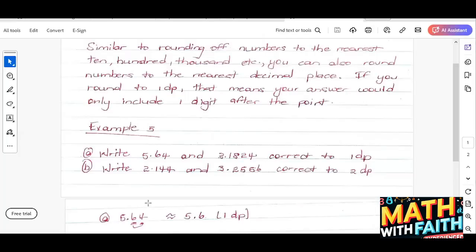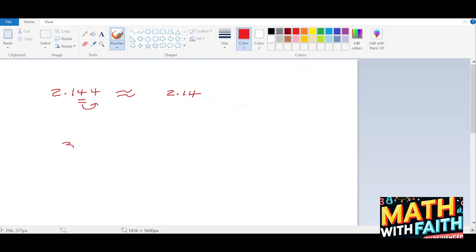All right, and let's look at the next example, 3.2556, and we're looking at 2 decimal places. So 1, 2. Look at the number after. If it's 5 or more than 5, it must increase by 1. It is 5. So therefore, the 5 will increase by 1 to 6. So this is approximately 3.26.